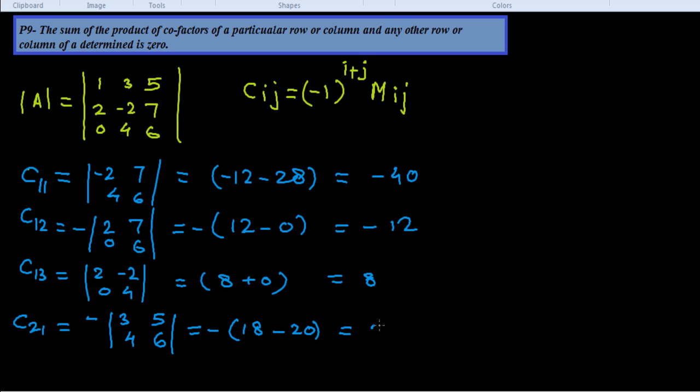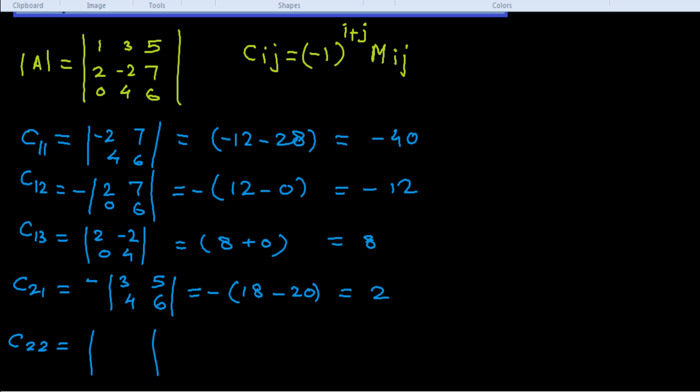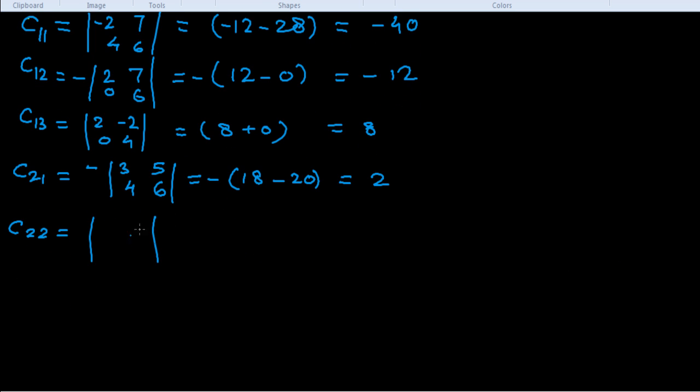We get here minus 2. Minus, minus, plus. C22 is the even number. We have to get the positive sign here. We get 1, 5, 0, 6. So we get here 6 minus 0, which is 6.